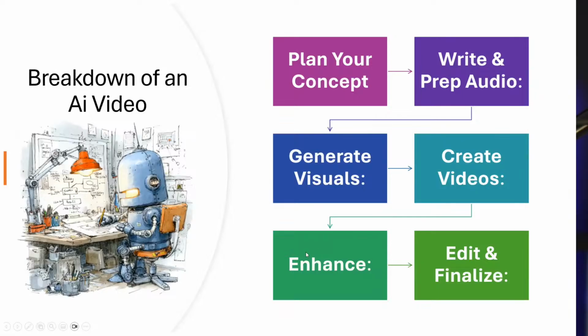The next step is enhance. This is sort of optional. The program we're using today does output in 1080p, which means you're going to get full HD images by default. But a lot of these programs will output at a lower resolution, like 720p. And you might say, hey, I'm making a 4K video or a 1080p video, I need to upscale that.